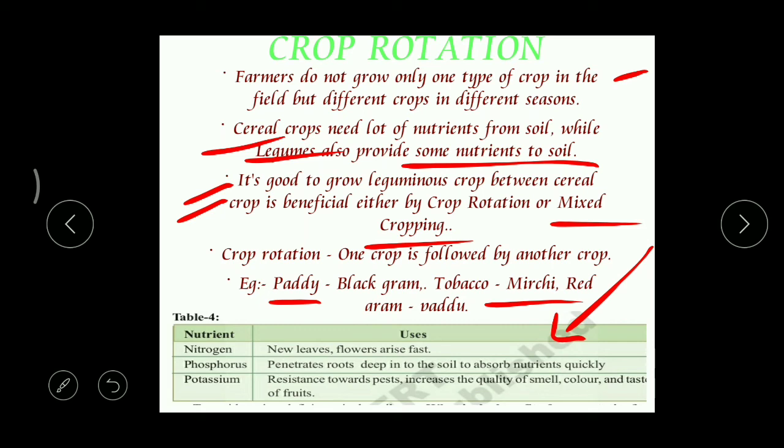When the leaves are more, automatically the rate of photosynthesis increases. When more photosynthesis occurs, more food is produced. So the farmer will get more profit. Okay, and even flowers arise fast. What is the use of flowers? You know, after pollination and fertilization, flowers get converted into fruit. That means we get food, like this.